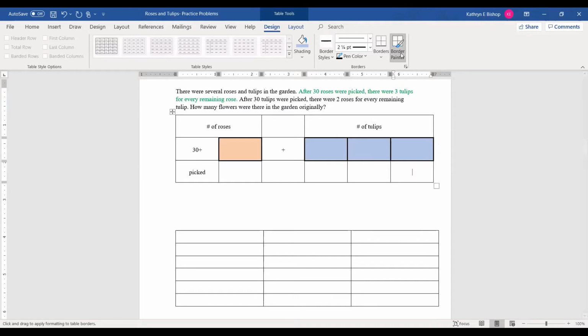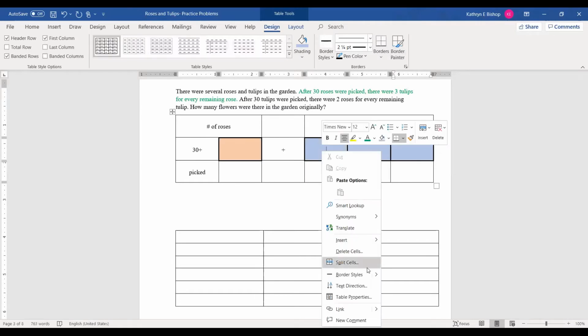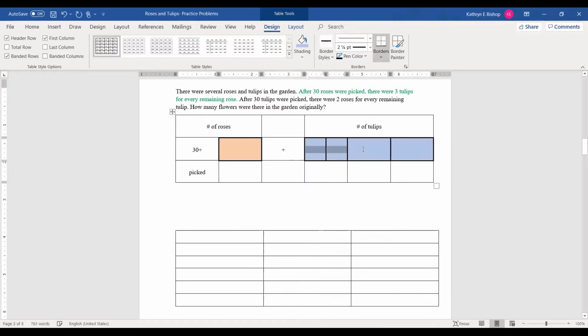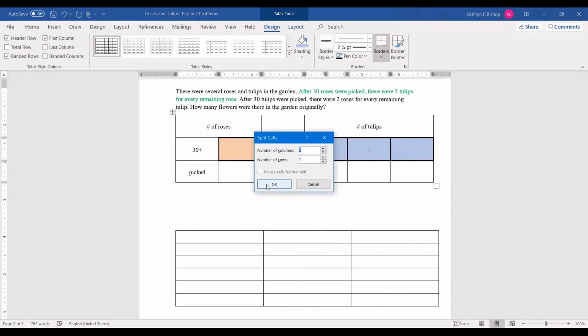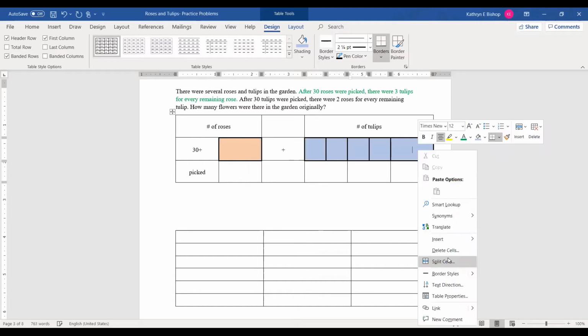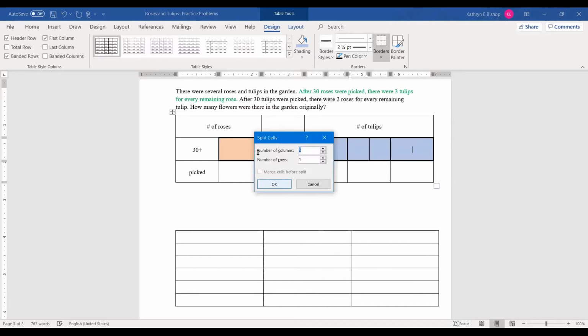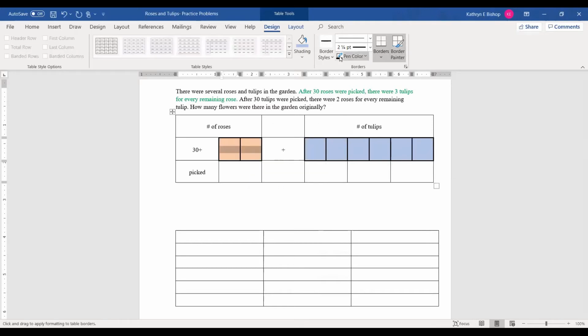And then I can take and split these into 2. And change these back to the regular border size so that they don't get mixed up.